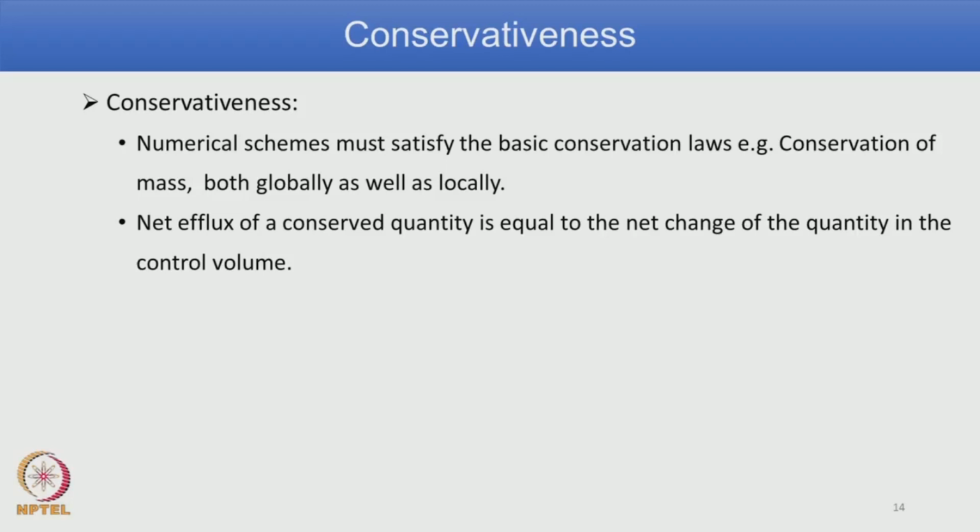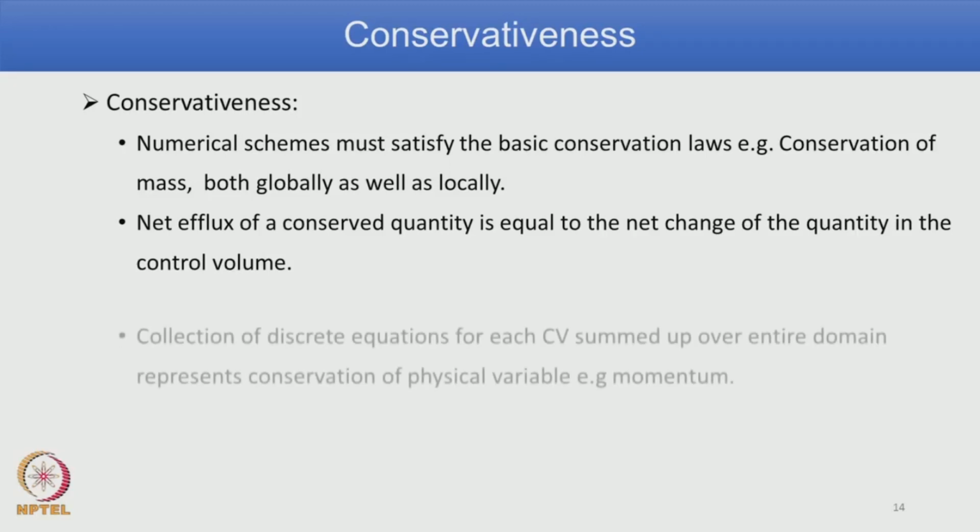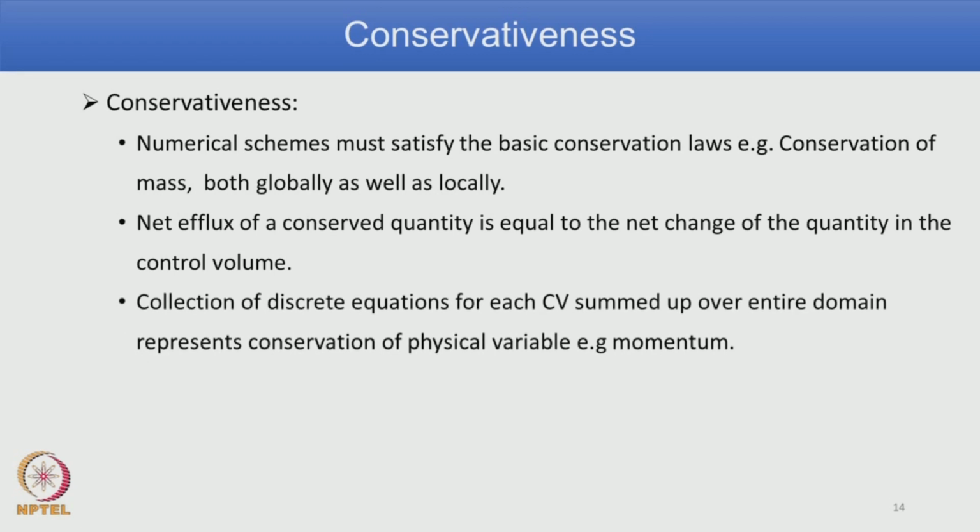If we consider the entire domain, then the net quantity is also conserved. So, the collection of discrete equations for each control volume is summed up over the entire domain, and it represents conservation of the physical variable. If you are trying to get the definition of conservativeness explained using a variable, say momentum, then that should be satisfied for the entire domain.